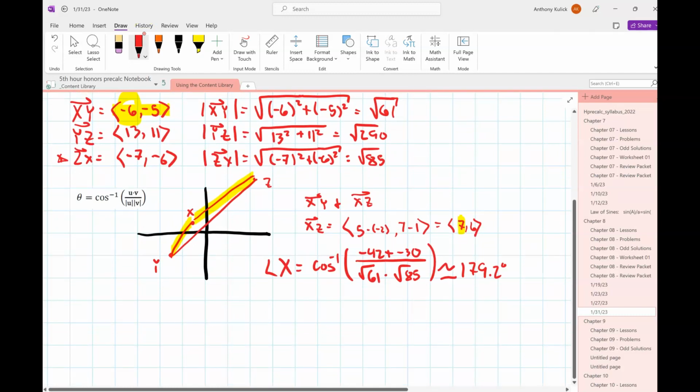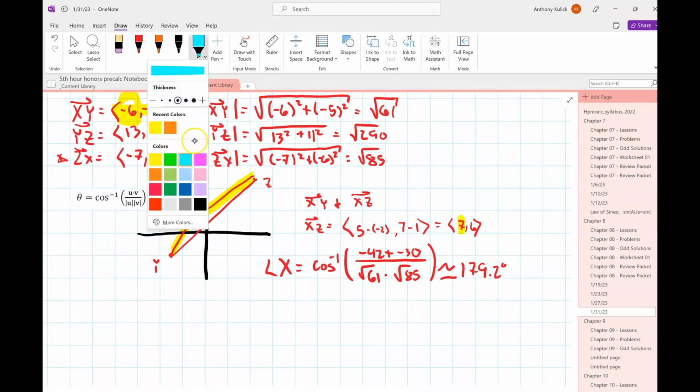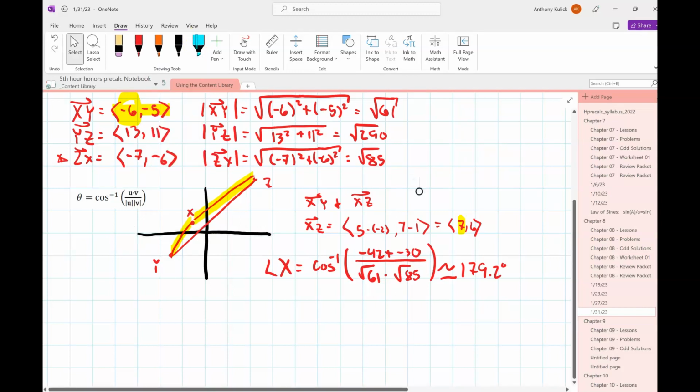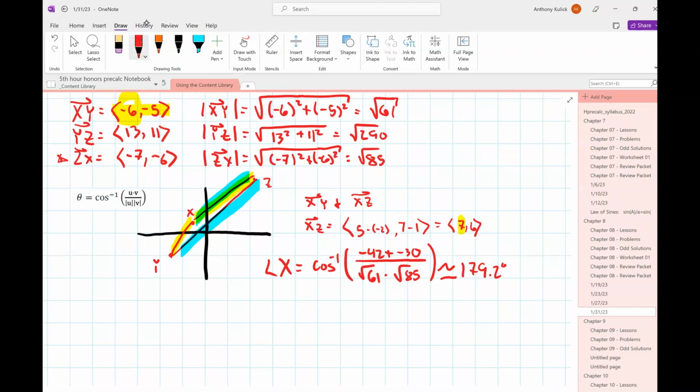So for angle Z then, we're going to need the vectors XZ and then ZY. I should say ZX and then ZY. Okay, well, ZX we have, and ZY, now we understand immediately how to get ZY out of YZ, right?